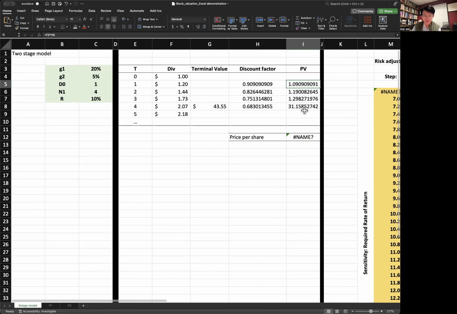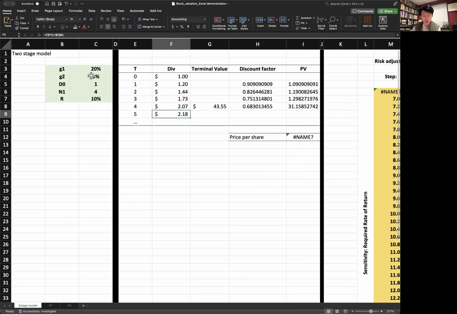Feel free to revisit the Excel example. So let me repeat it again. First, you need to generate the dividend payout on the first stage and the second stage. To get the second stage dividend, you need to be careful. I saw lots of students make a mistake.